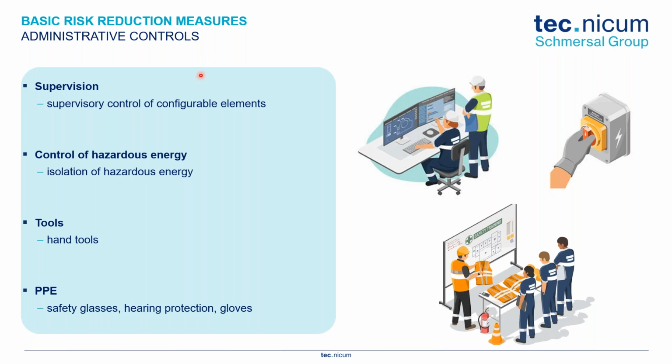The last two here for administrative controls would be hand tools: again, keeping our own hands, or operating hands, outside of the point of operation, using some additional hand tools to make the task a little safer. And then the very last thing that we can do is rely on PPE, whatever that may be, based off of the hazards and tasks that we've identified.